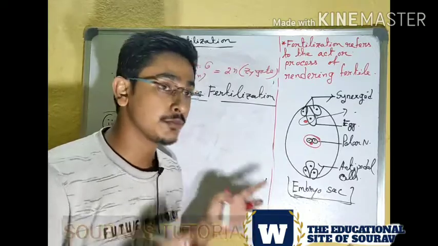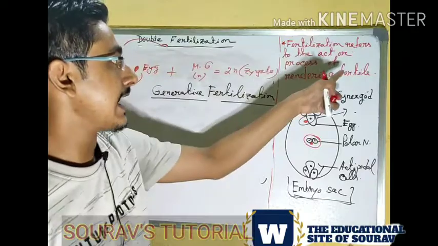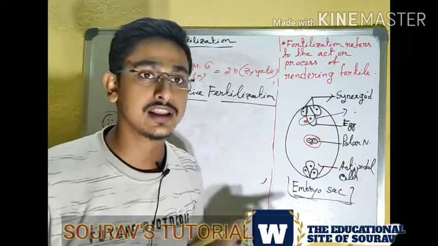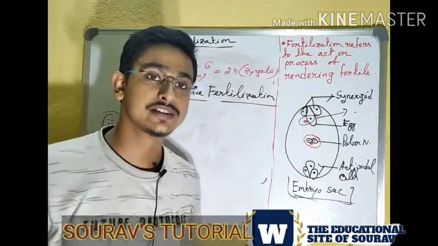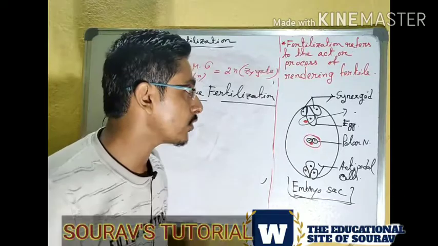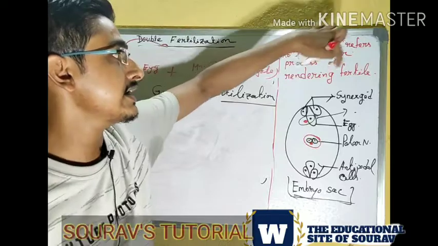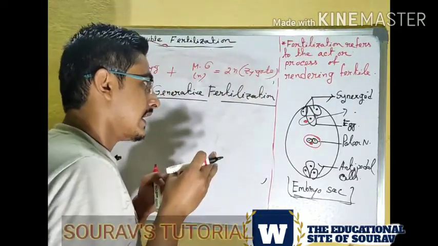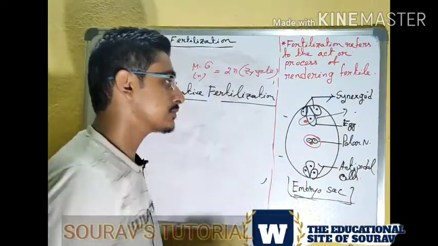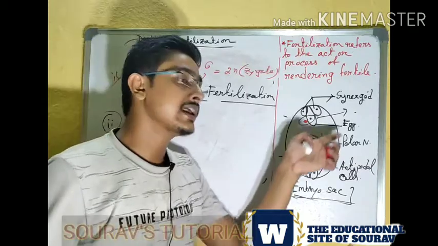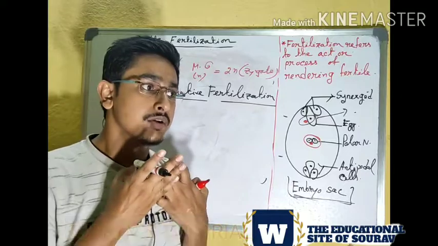So there is a modified definition, like this: fertilization refers to the act or process of rendering fertile. If we say like this, then it will include both events, first and second. That means the process of rendering fertile. This is also a process, this is also a process, and there are no inactive nuclei. They all are active, that means they are showing their fertility power.